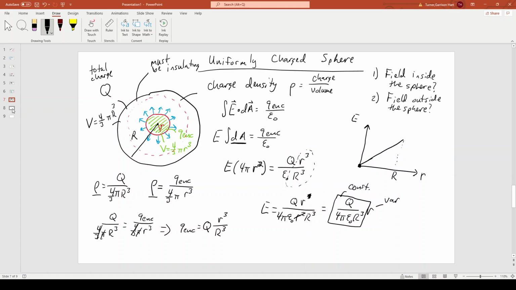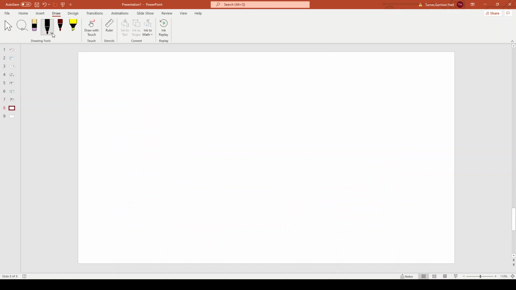So let's redraw my sphere. It has radius capital R, total charge capital Q, and I draw my Gaussian surface to enclose the whole thing now. So now we're outside the sphere.